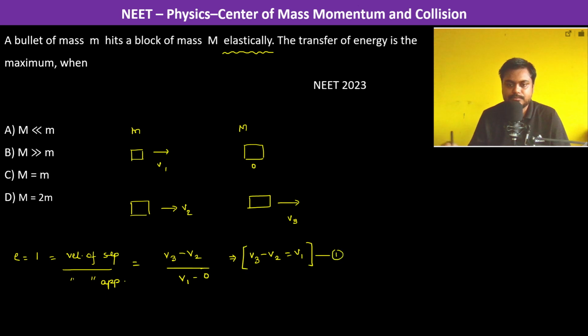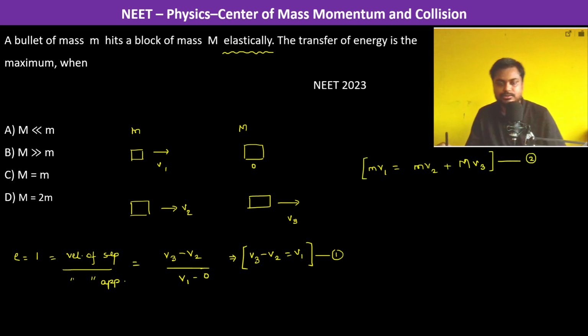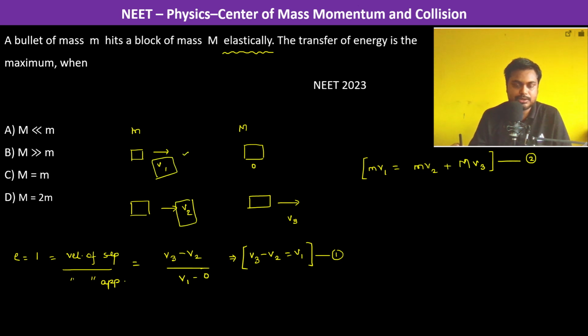That's the first thing. Now we have the momentum conservation equation. So m v1 is equal to m v2 plus M v3. This is the second equation. Now this v1 is given. Now we are trying to find this v2. So here we substitute v3 as v1 plus v2.